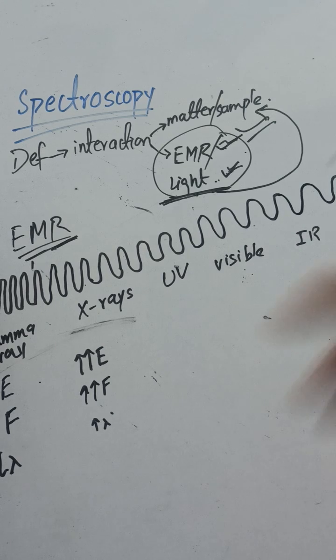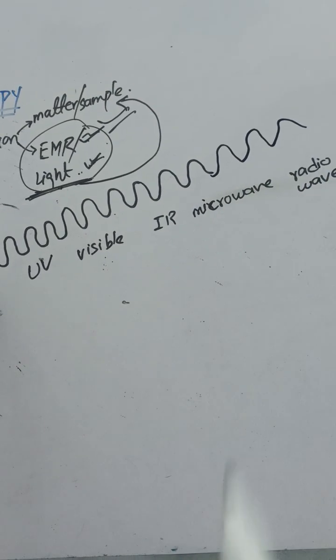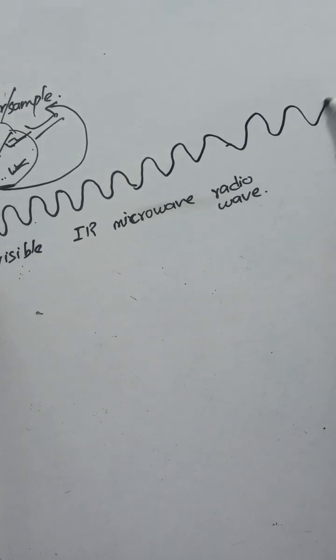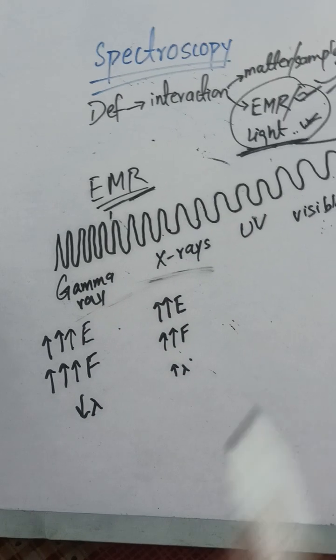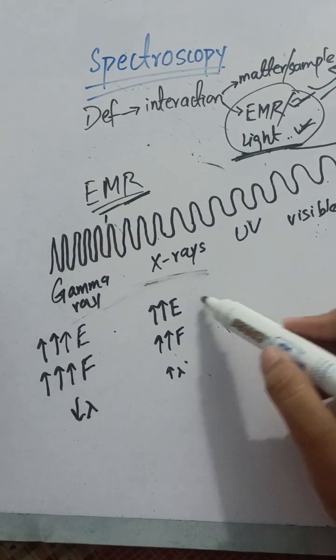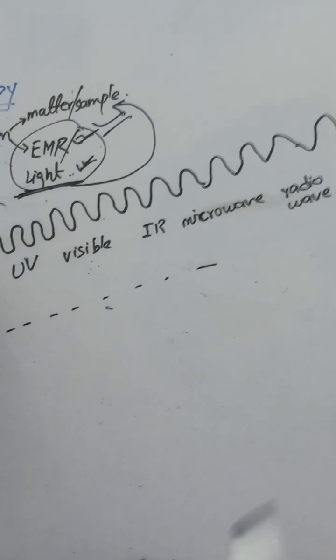Then we move to microwave, it increases further, like that. And then we move to radio waves, this distance is further increasing. So that's why when we move from gamma rays to radio waves, the energy and frequency gradually change.